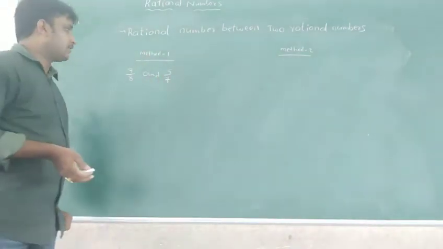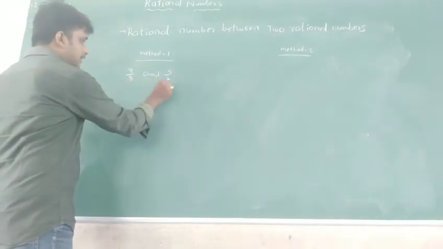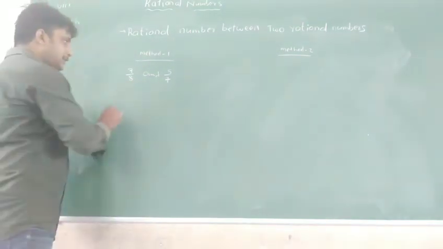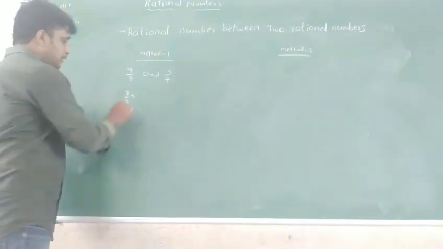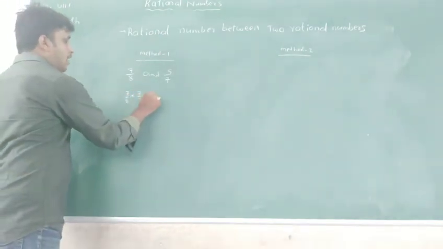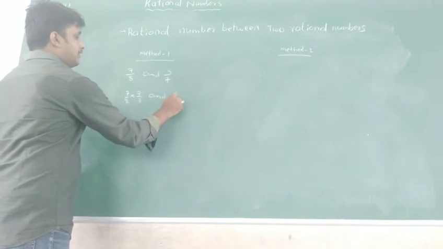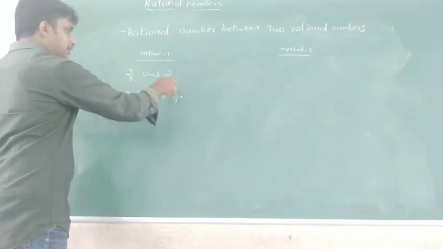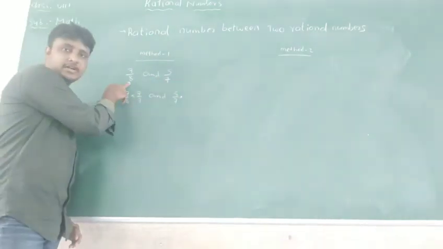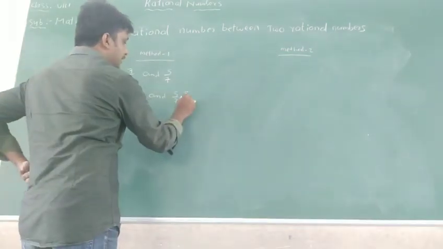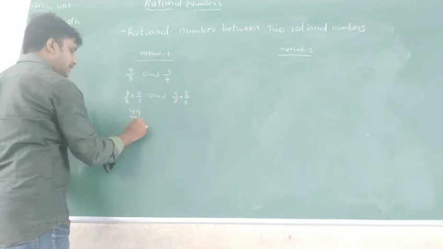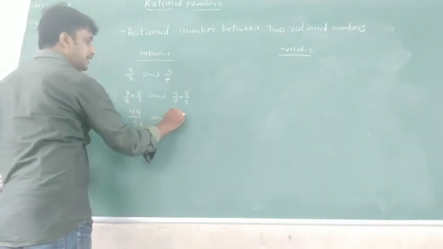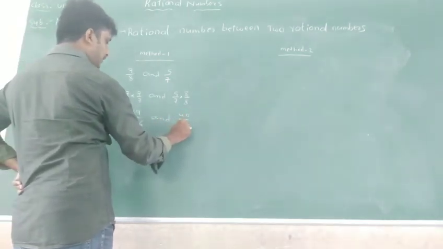In this condition, what you have to do? First you have to make the denominators the same. For this purpose, you have to multiply 5 by 7 with the denominator 8, that is 8 by 8, and 7 by 8 with the denominator 7, that is 7 by 7. 7 sevens are 49 by 8 sevens are 56, and 5 eights are 40 by 7 eights are 56.